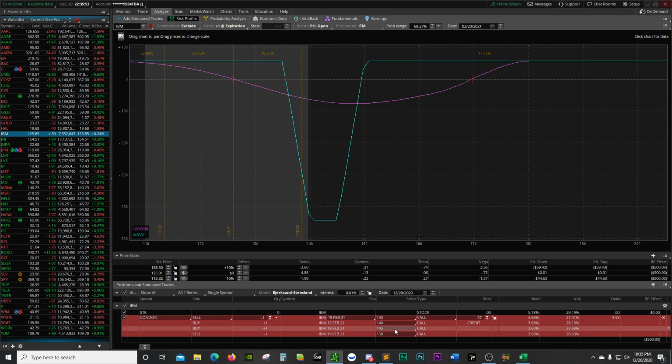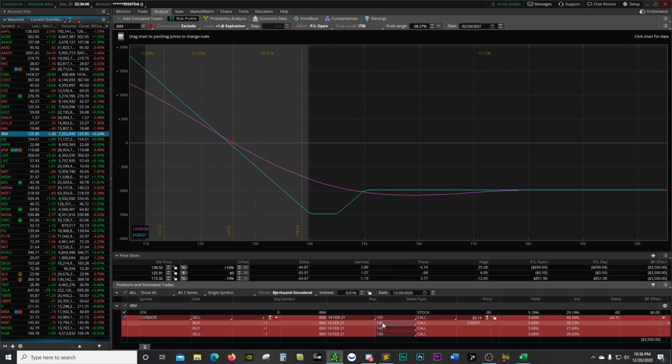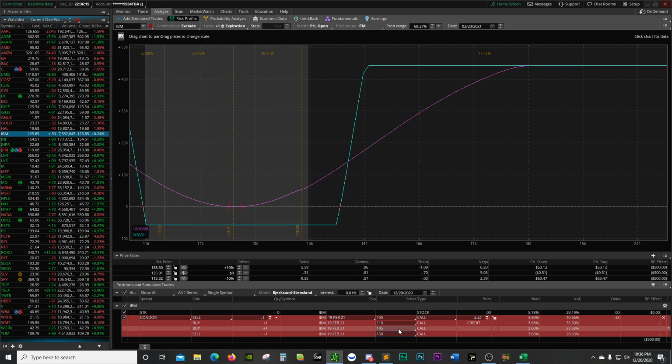So this sell is the bottom side. 140 is the top side, so the bottom needs to be 105, 110. I'm not sure why it's inverting. That's weird. Hold on a second, I gotta brainstorm here. This isn't.